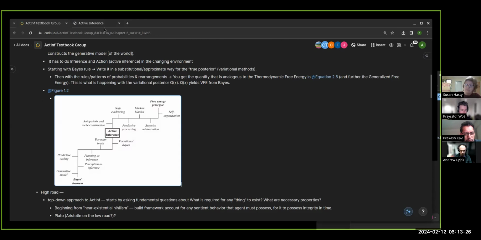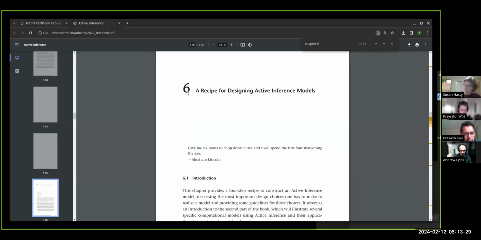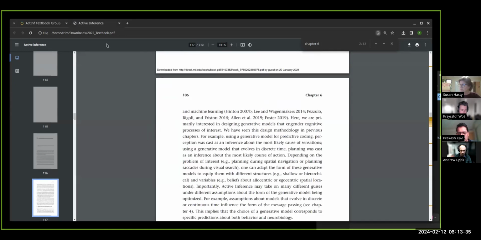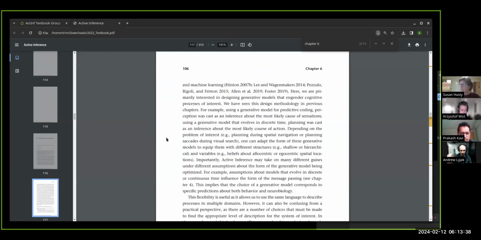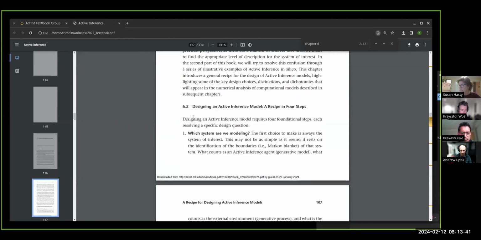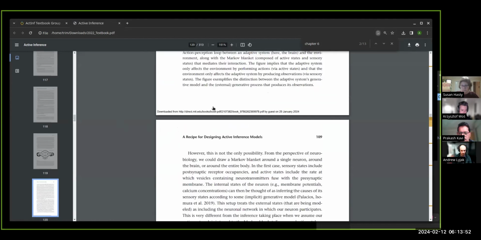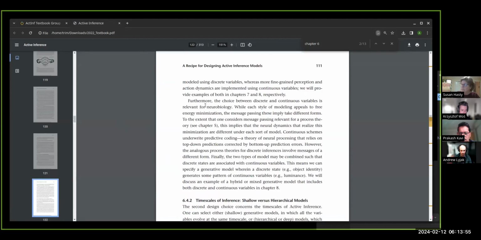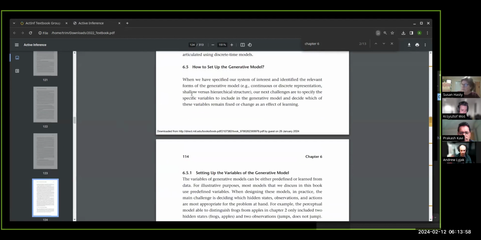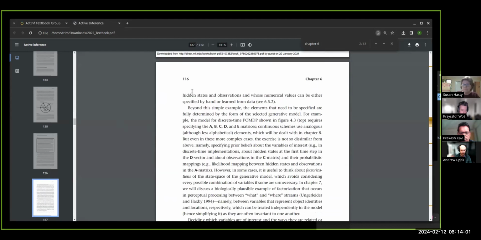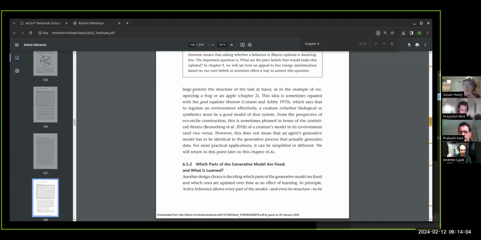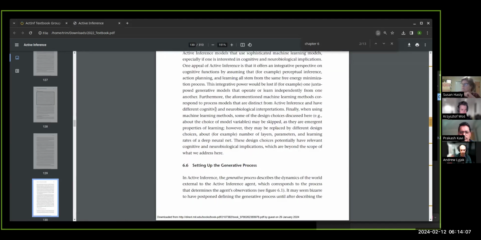And yet all of that theory aside, chapter 6 doesn't have any equations. Chapter 6 is actually the sequence, although they make clear it's more of a checklist than an ordered sequence. But this is the theory-light sequence of questions that's actually procedural, like a catechism, to work towards doing a generative model, or working in active inference and realizing synthetic active inference agents, whether it's about oneself, with the human as system of interest, or about some other system.